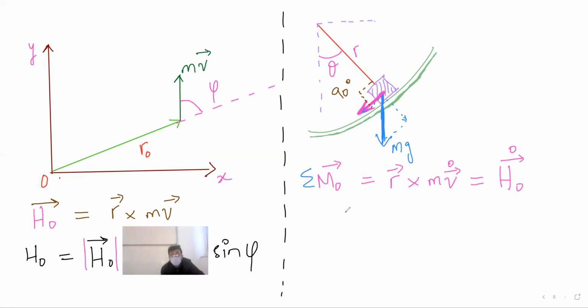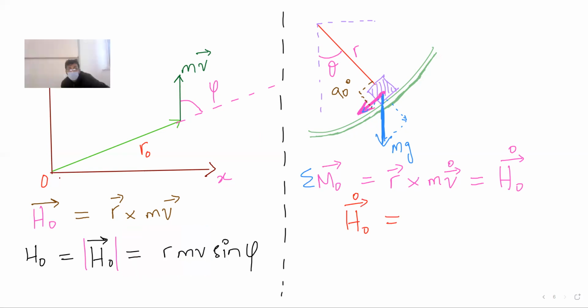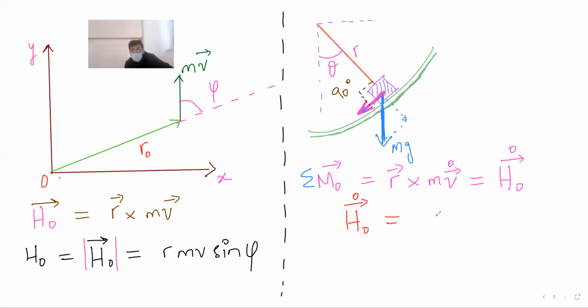So now you will have H naught dot equal to, now follow me. You will say R mv sine of the angle between them. Now be a little careful. Make an extension of R, and get the angle between the velocity and this extension.